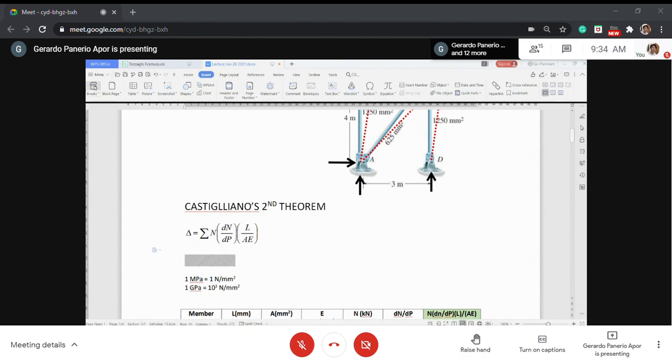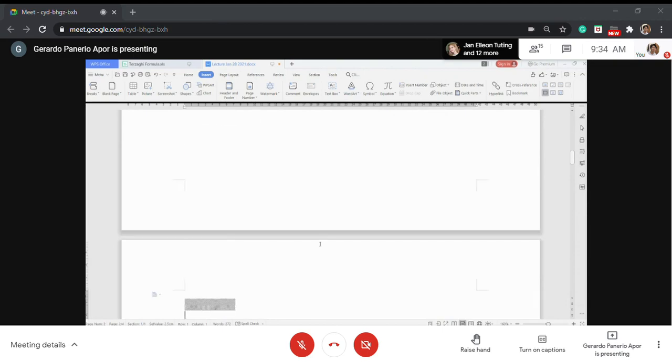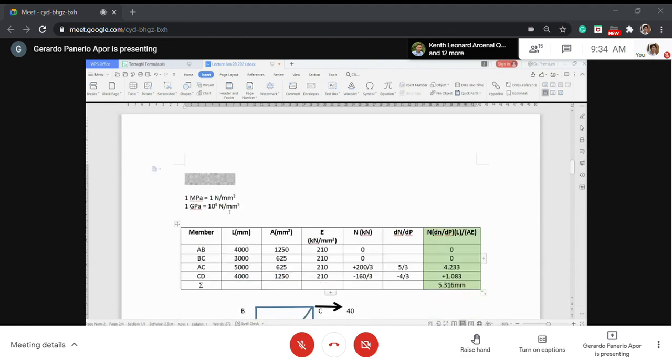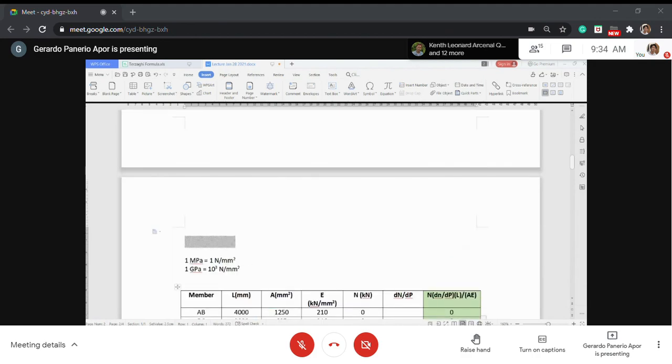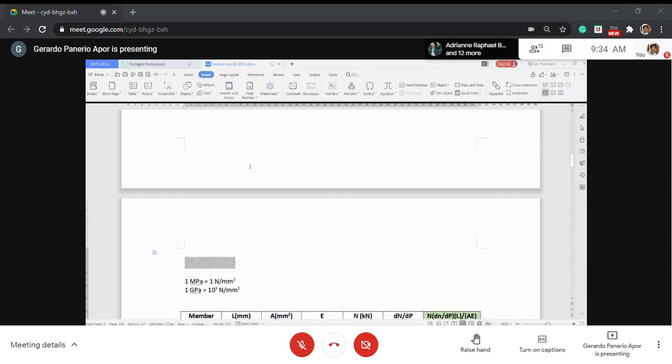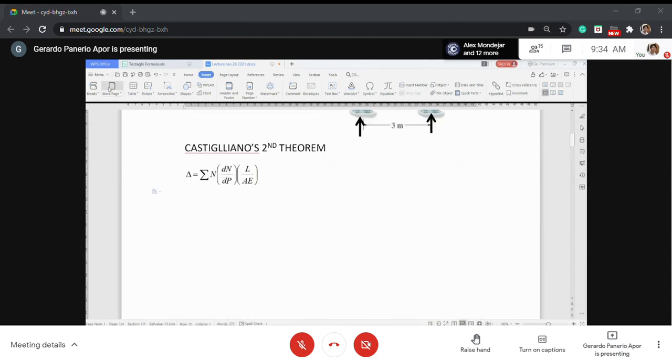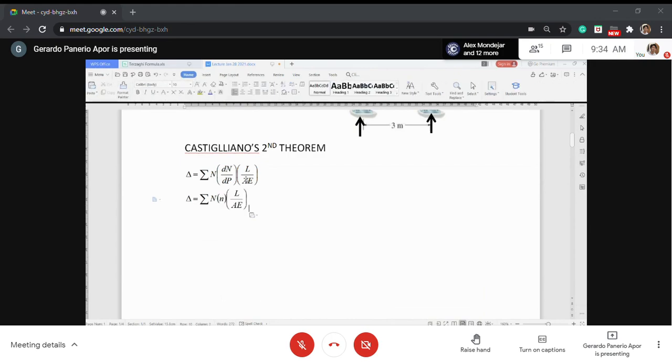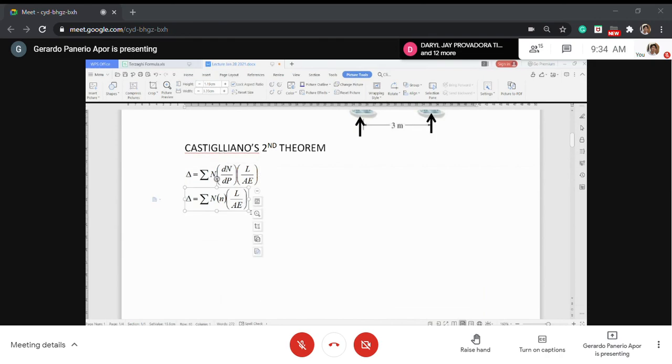So this formula is what we will use. Okay. So instead of using this one, I am going to use this one.